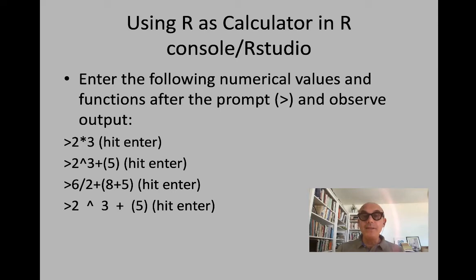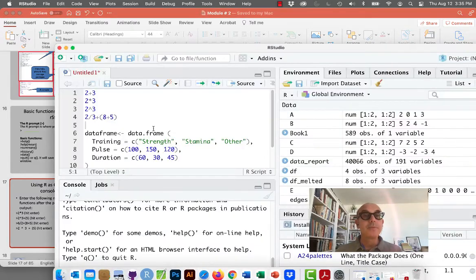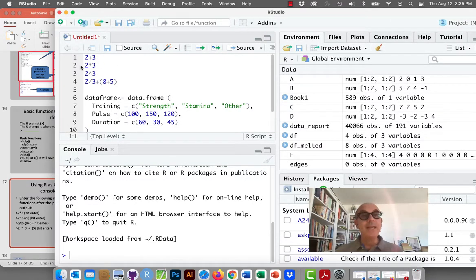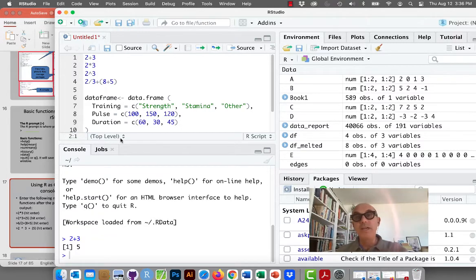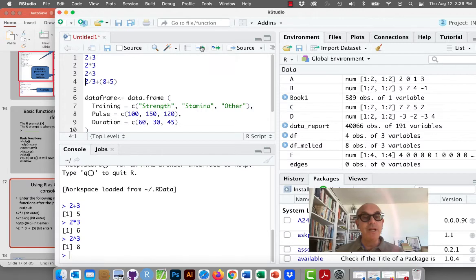If we enter the following, I bring with me R, and I hope everyone can see it. In this case, 2 plus 3, and I will say run, and it will give me the answer. 2 multiplied by 3, it will give me the answer. 2 divided by 3, and it will give me the answer.